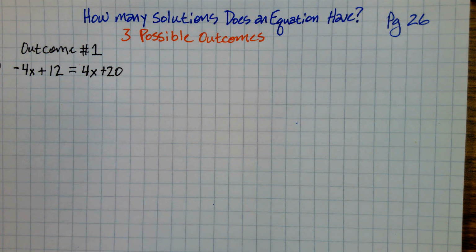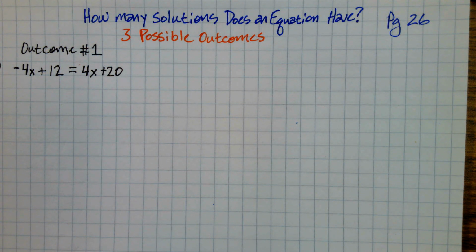Can we distribute any numbers? We can't distribute anything. Can we combine anything? We can't combine anything, right? Do we have variables on both sides? Yeah. We've got negative 4x on the left and positive 4x on the right.